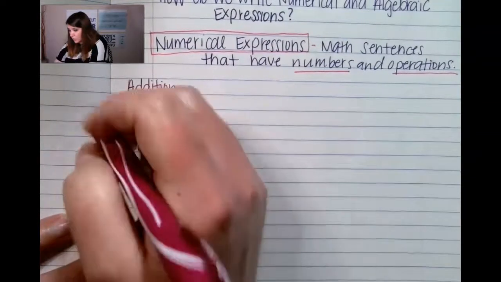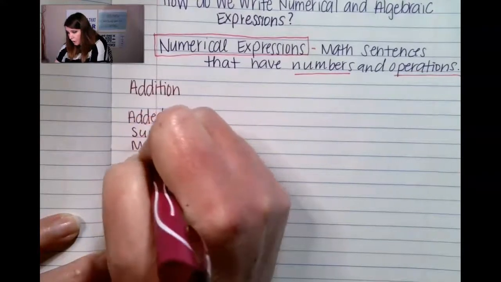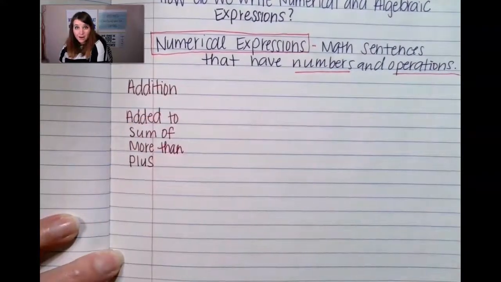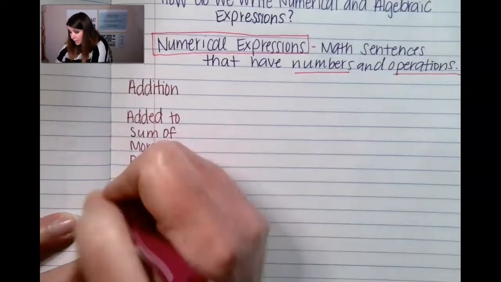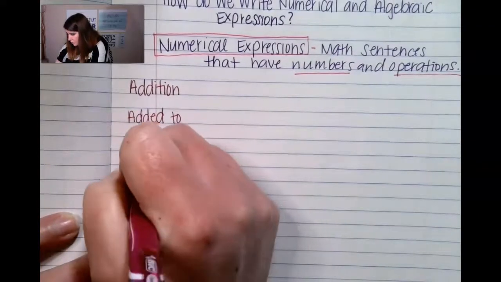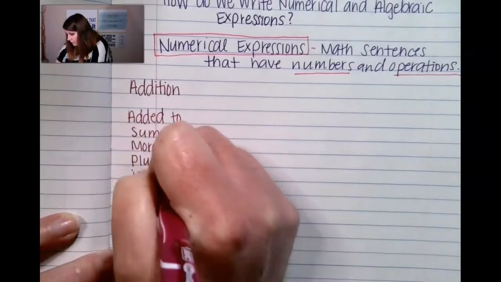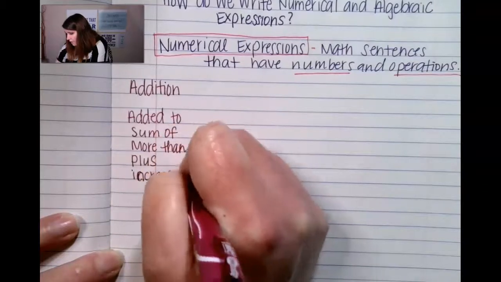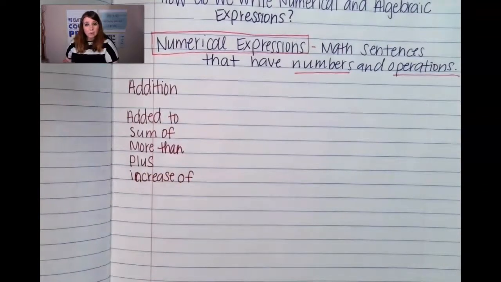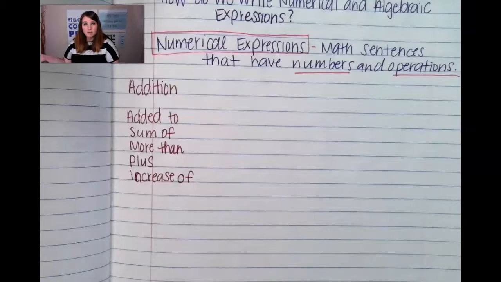If you see the word plus, you know for a fact you are adding. Increase, there's an increase of X amount of dollars, right? Like I have an increase of $50 on my rent. That means that I have to pay $50 more.